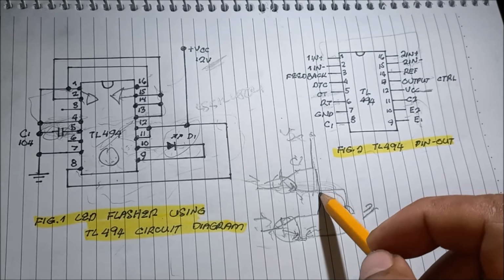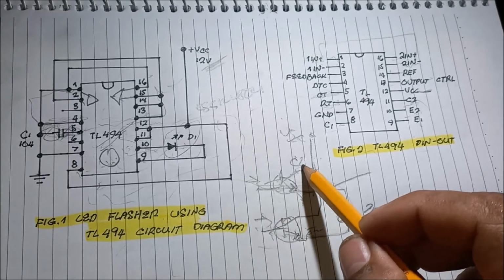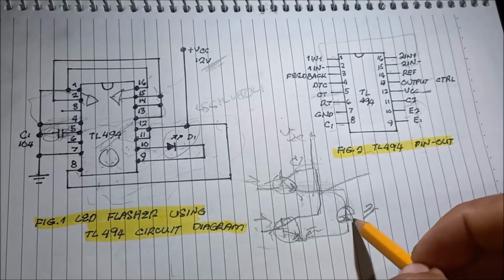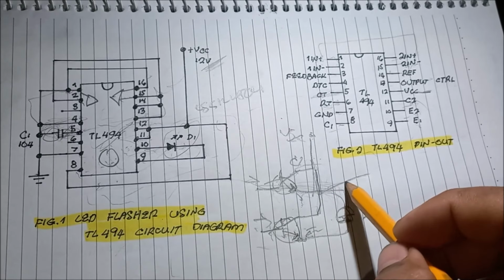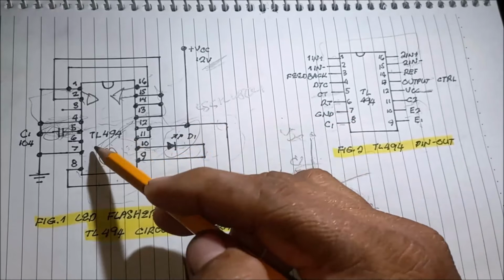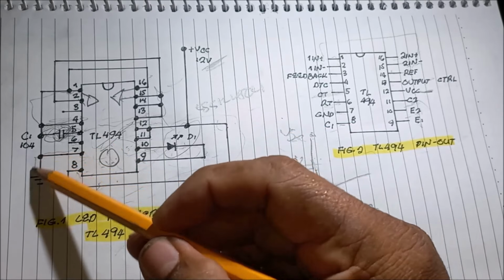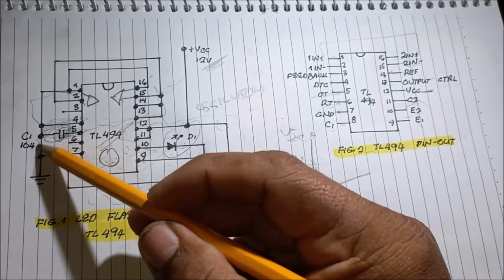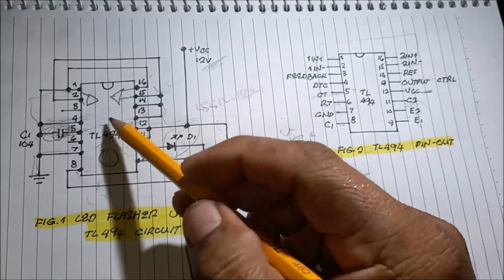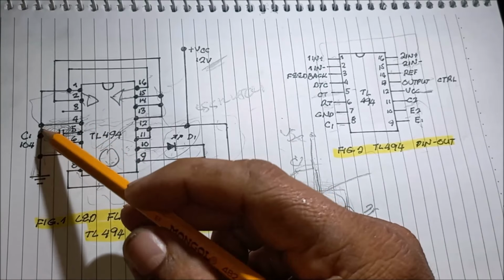This is a single-ended type, wherein the collector and the collector of the second transistor are connected together. So in summary, we're just using a capacitor. Pin number 7 is the ground. Pin 5, the capacitor, is grounded. Pin 4, dead time control, is for the soft start.